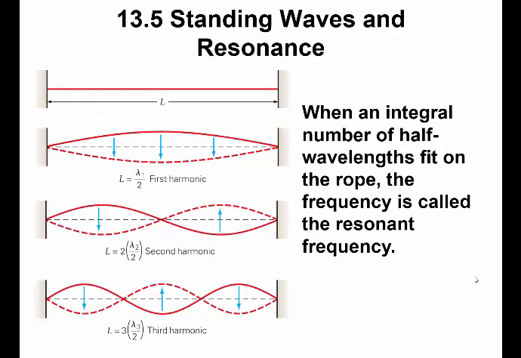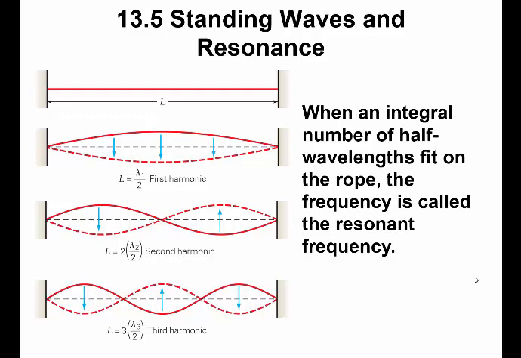Again, this is the same idea of standing waves in a rope. If we have a perfect harmonic, where we have first harmonic, second harmonic, third harmonic, that means that our waves fit perfectly between our fixed ends.